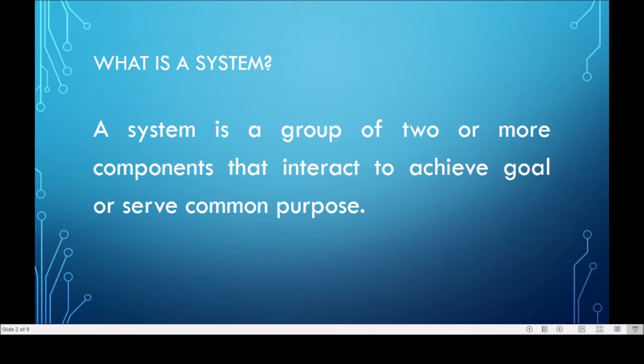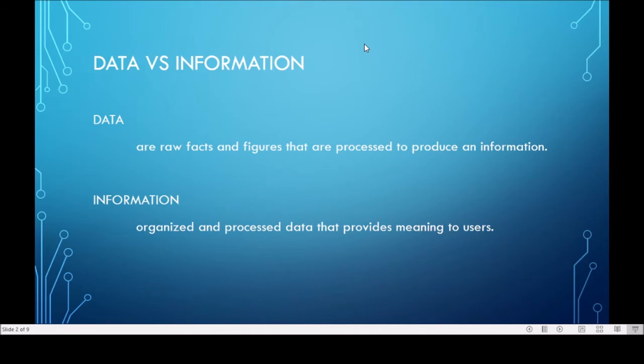Another term that we need to understand are data and information. Sometimes people use data and information in the same manner, but there are certain differences, okay, or the difference of data and information.